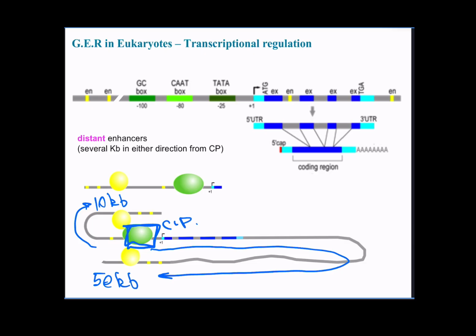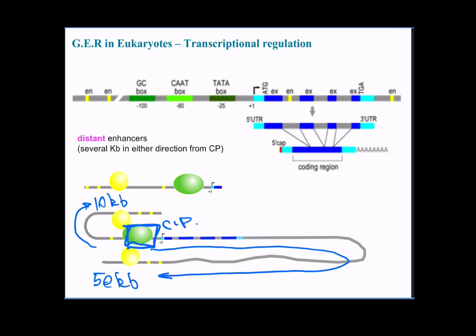So even though you have the proteins binding to DNA far away from the core promoter, when you think about the number of base pairs away that those binding sites are from the core promoter, because DNA can loop on itself, it can bring those proteins close to the core promoter again. KB is kilobases. So that's a shorthand that we use for 1,000 base pairs in DNA.